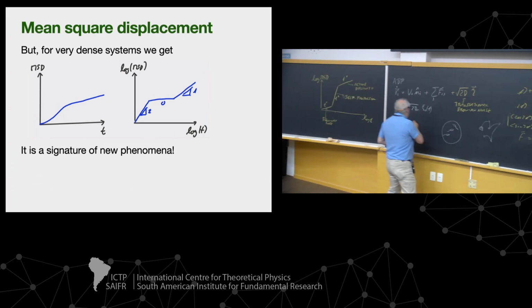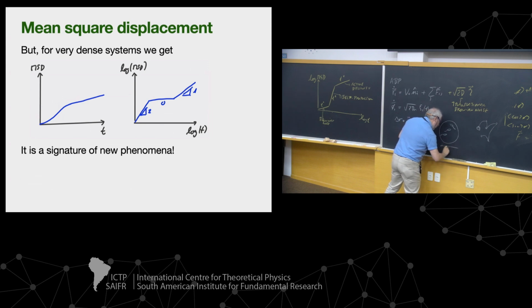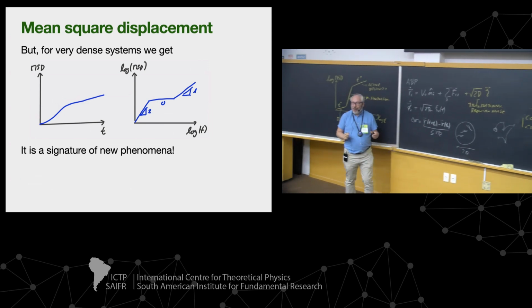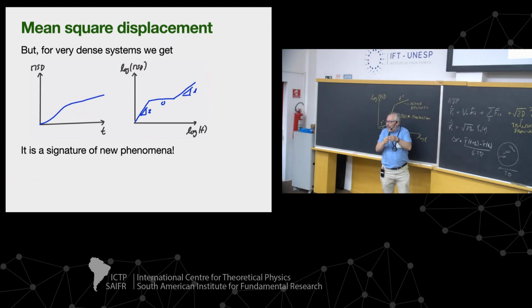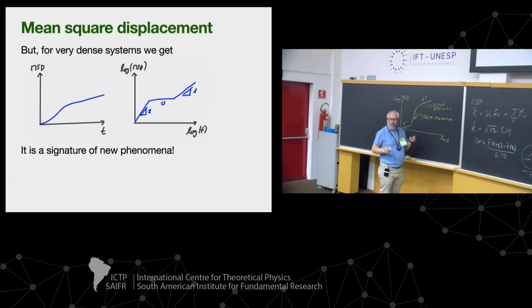So the mean square displacement is bounded by the diameter. It cannot get larger. You can never move to larger distances than that. So the mean square displacement is going to saturate to a value.